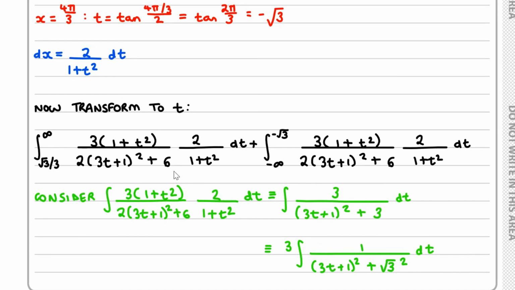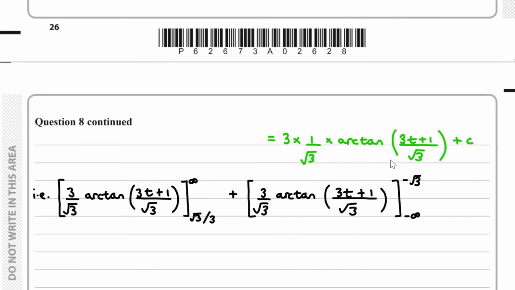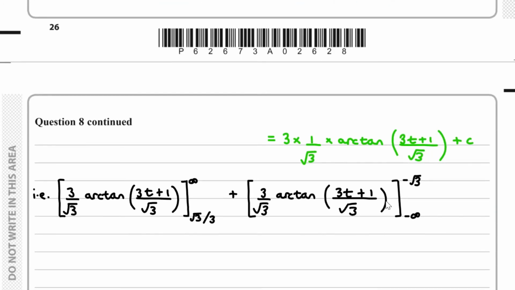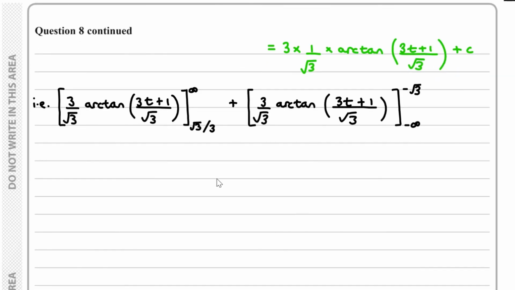I've worked this out over here to be this here, and then with our limits we're working this out. So now we need to work all of this out. Well, if we got a limit of infinity and minus infinity, well, we need to change that.